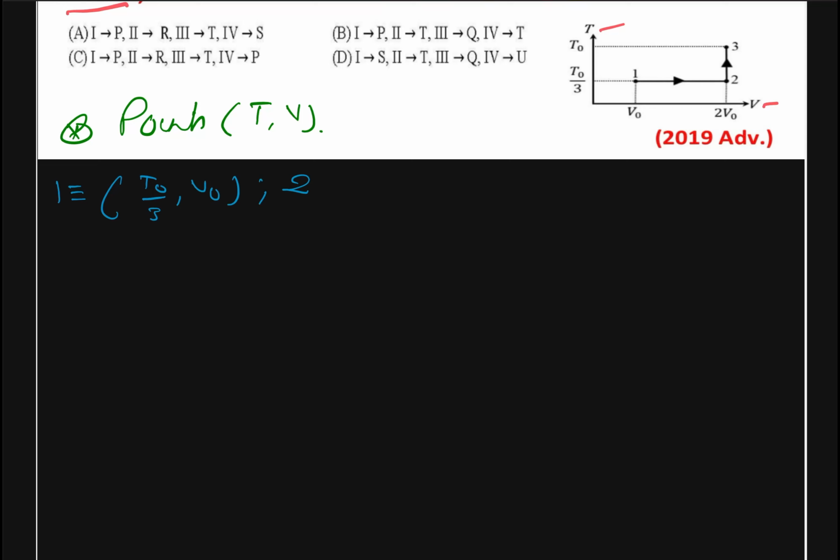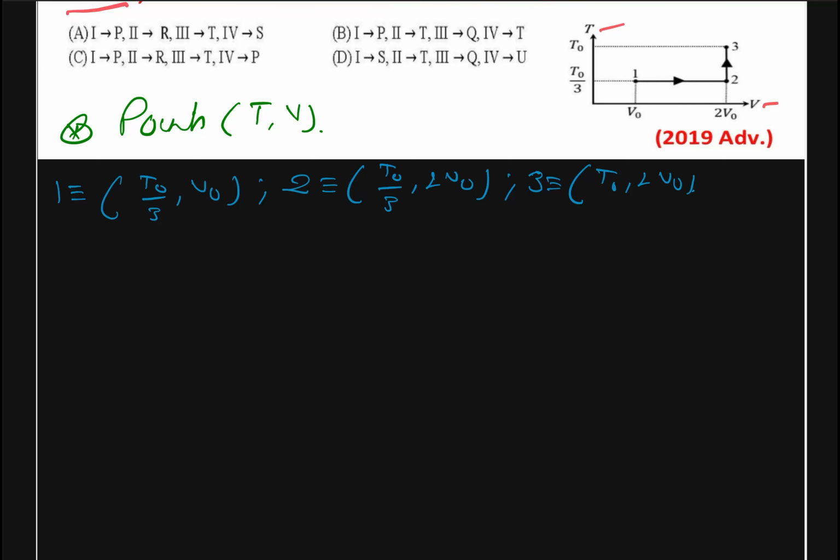We have our second point, temperature is still T naught by 3 and volume is given as twice V naught. And we have our third point, which gives us temperature T naught and volume twice V naught.